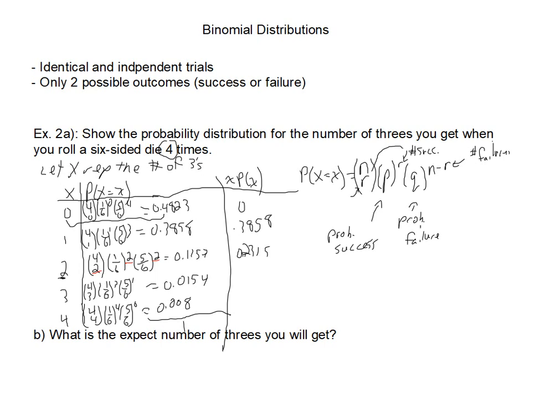Next one would be 3 times 0.015, which is 0.0463.